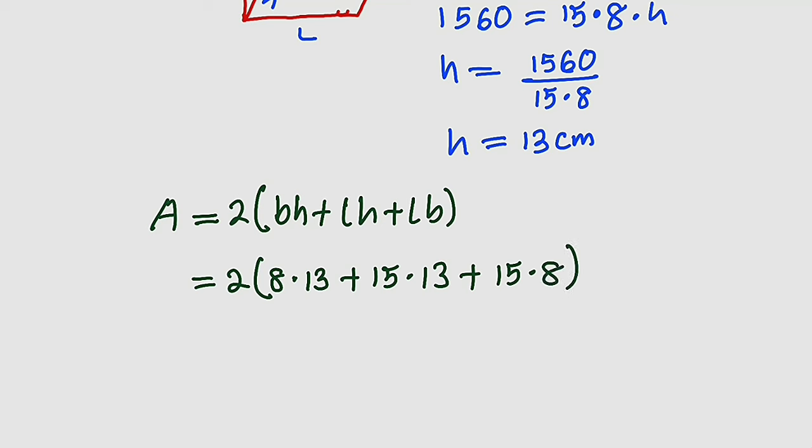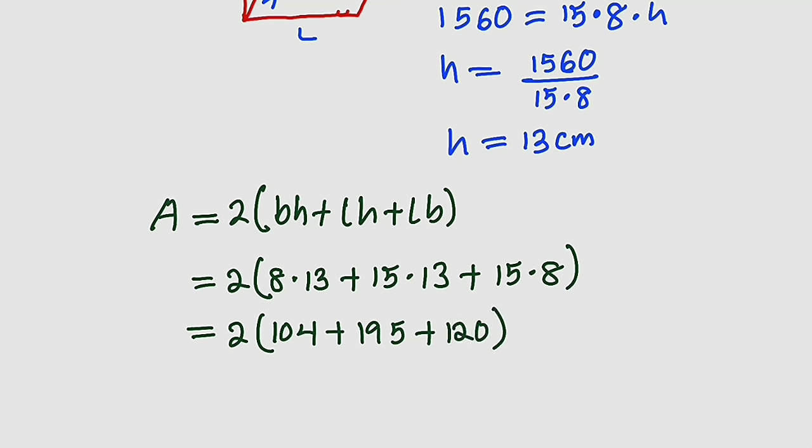So let's simplify everything here. This is equal to 2. We have 8 multiplied by 13, which is 104, plus 15 multiplied by 13, which is 195, and lastly we have 15 multiplied by 8, which is 120.